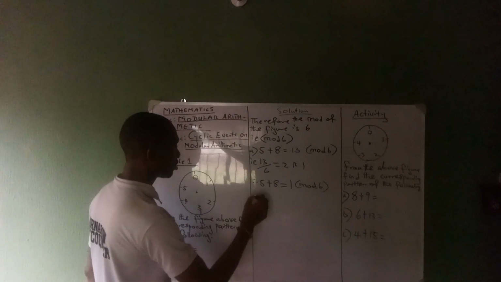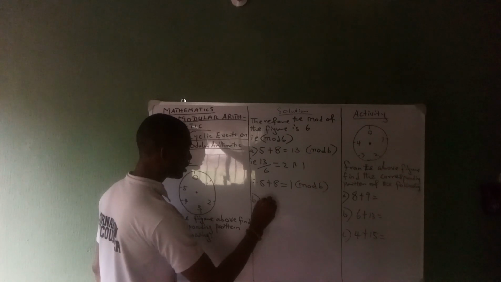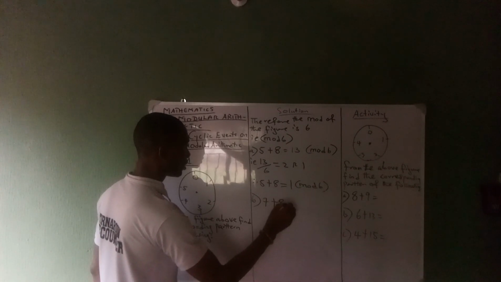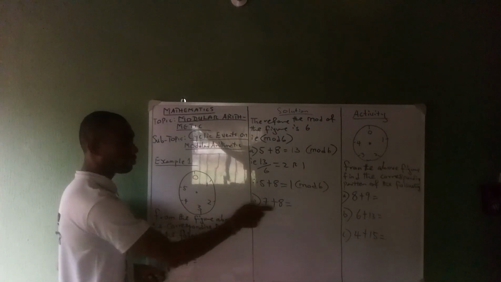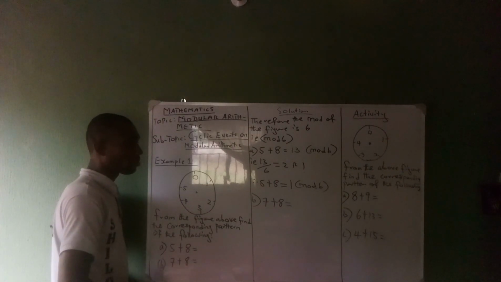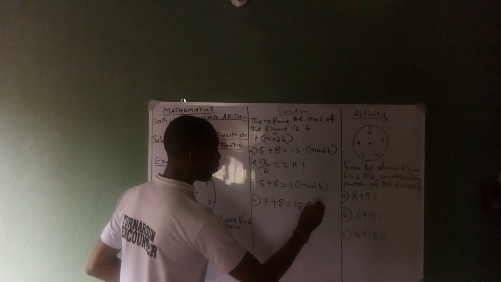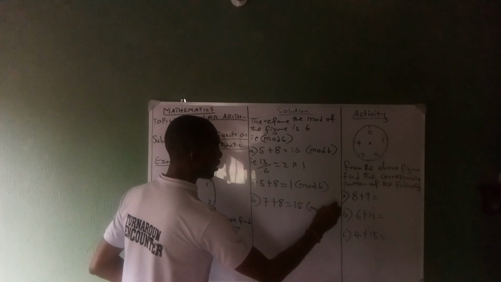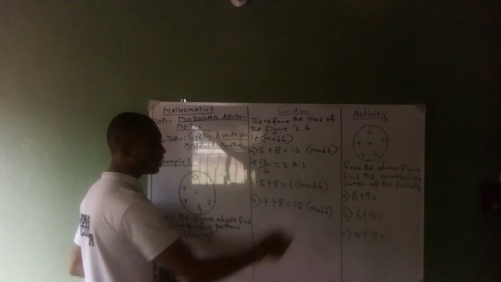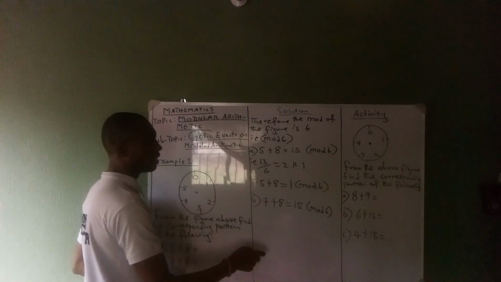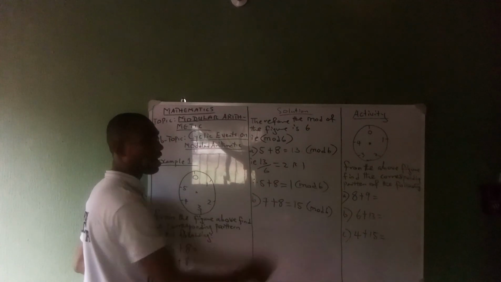We also have the case of the B. The case of the B is 7 plus 8 equals, now under normal arithmetic, 7 plus 8 will give us 15. So we have 15 here in mode 6. Now this 15 is more than 6, so we reduce it in such a way that it will have a remainder that is not more than 6.